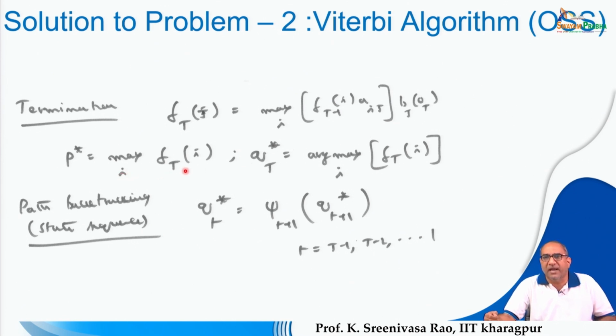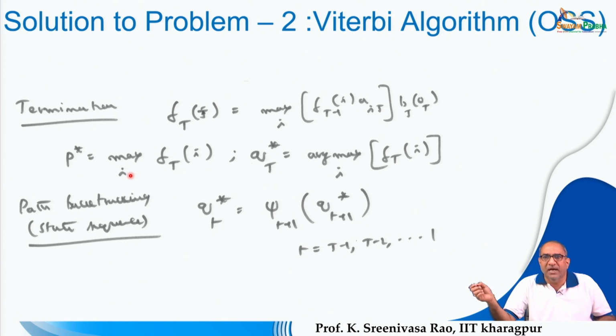From that you need to backtrack. Therefore, at the last time instant, the state in the optimal state sequence is nothing but argmax over i of delta t of i. Like there are N possible states in the last time instance, and whichever has the maximum delta t of i happens to be the last state of the optimal state sequence, and from that you need to backtrack.